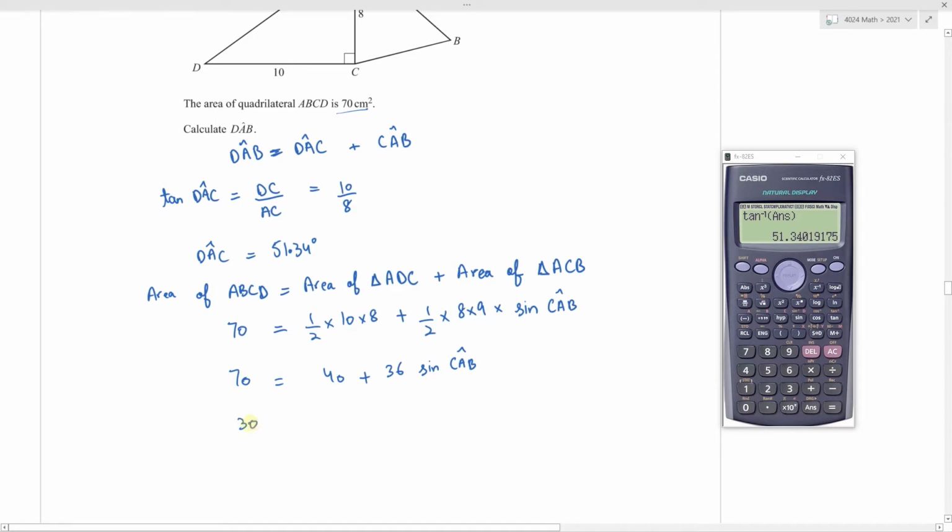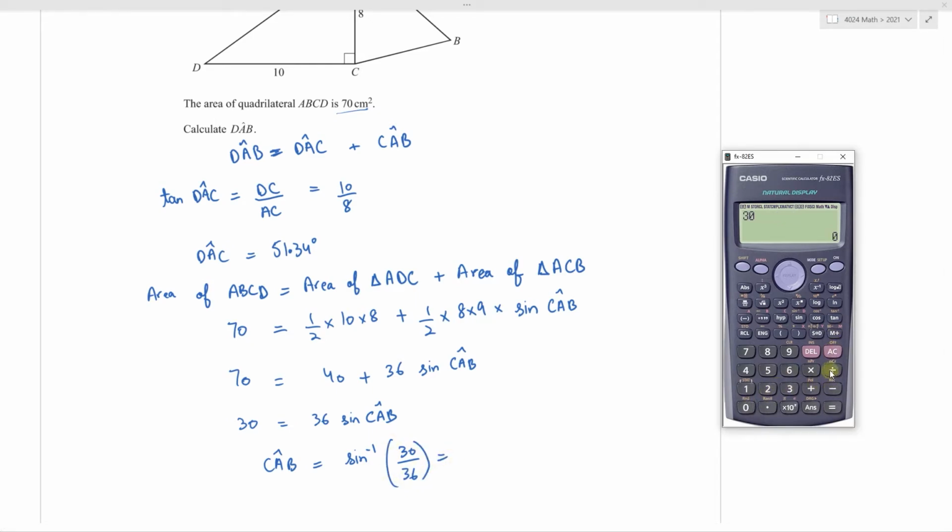So this will become 30 equals 36 sine of CAB. So angle CAB will be given by sine inverse of 30 divided by 36. So 30 divided by 36 and then sine inverse.